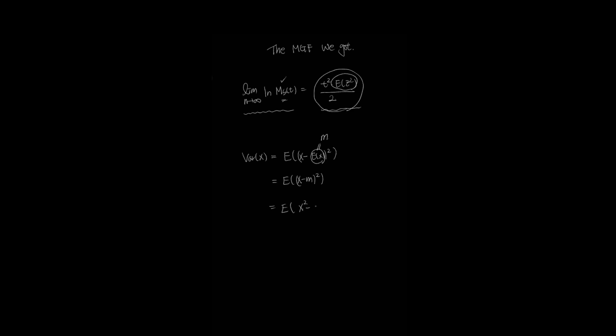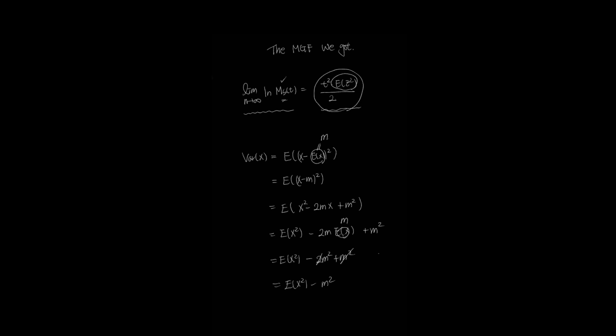We can expand this into X squared minus 2mX plus m squared. By the linearity of expectation, we can divide it like this, and the expectation of X is m. Finally, we'll get this as a result.